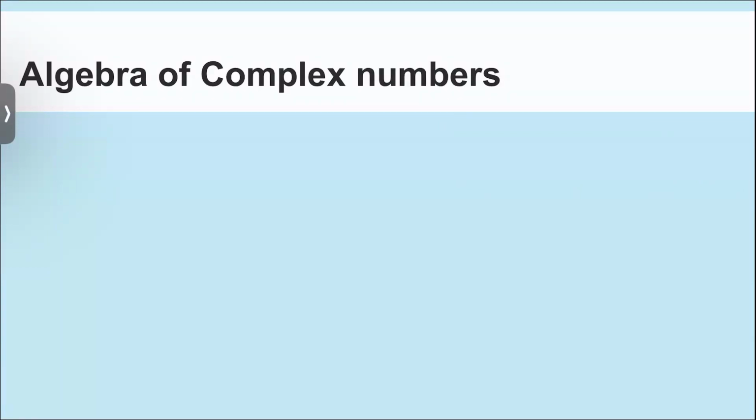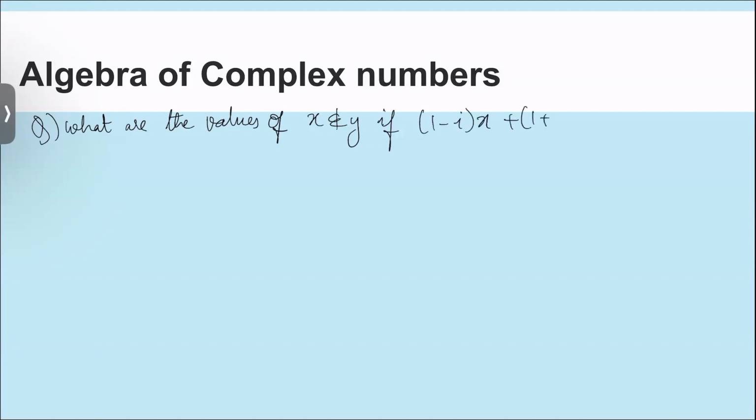The question is, what are the values of x and y if (1 minus i)x plus (1 plus i)y is equal to 1 minus 3i.